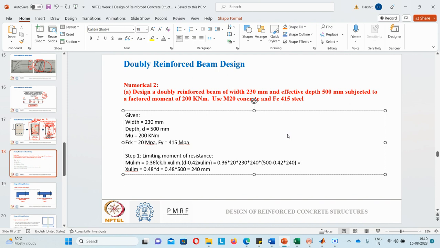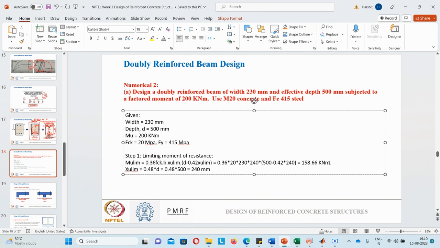This value will come out to be approximately 158.66 kilonewton meter. So you can see the moment acting on the beam is greater than the limiting moment of the beam. This means that we need to go for a doubly reinforced design.